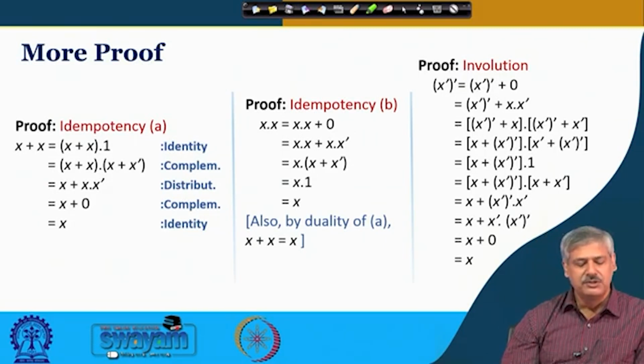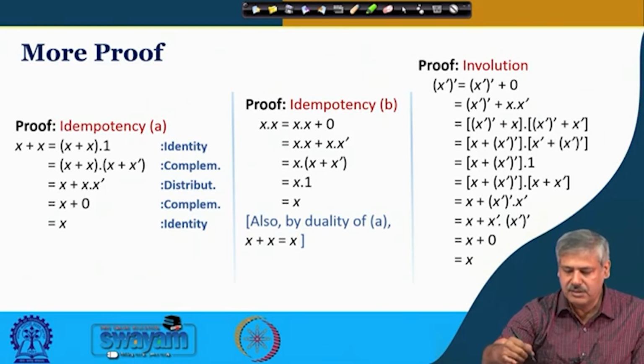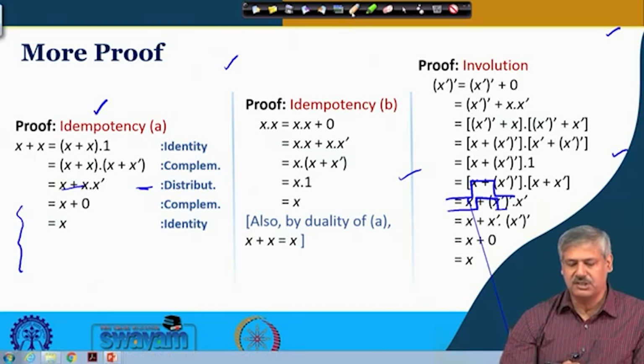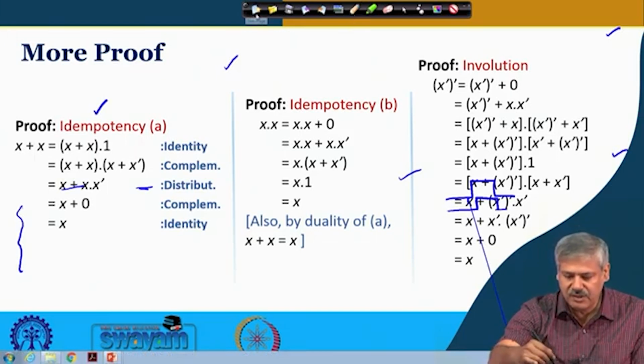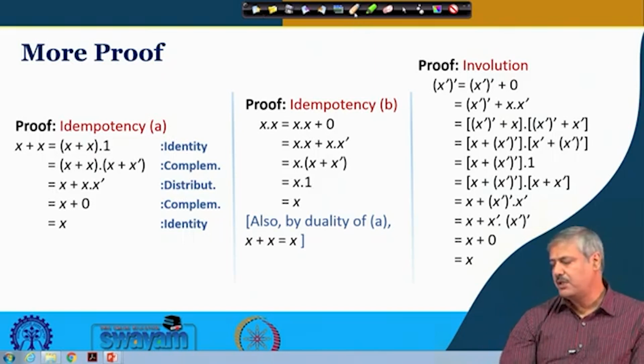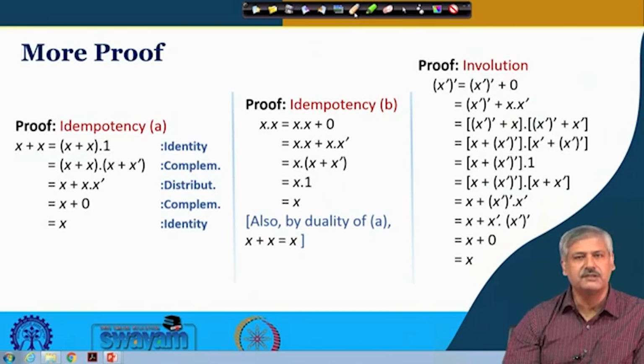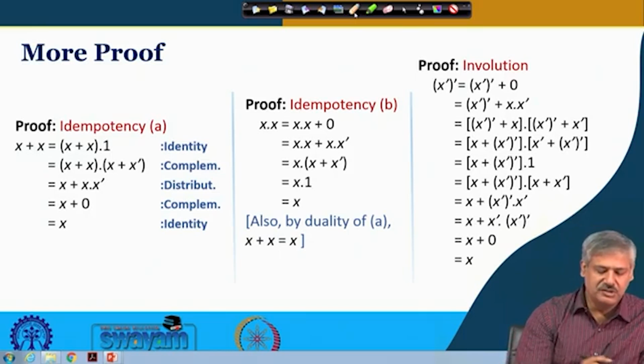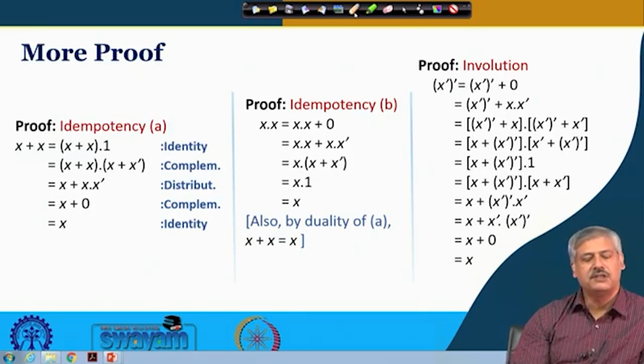So idempotency, that we started with, we can see how it can be used in this particular case. So this x plus x, we would like to prove is the same as x.